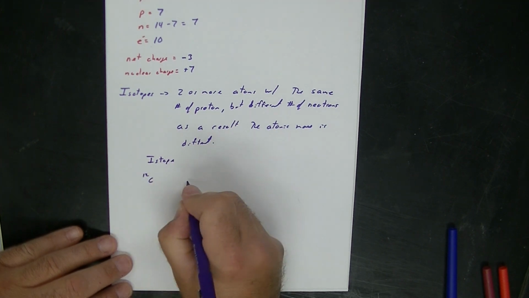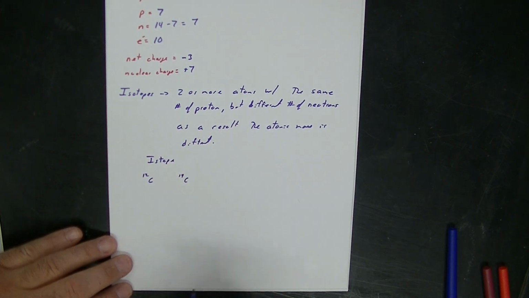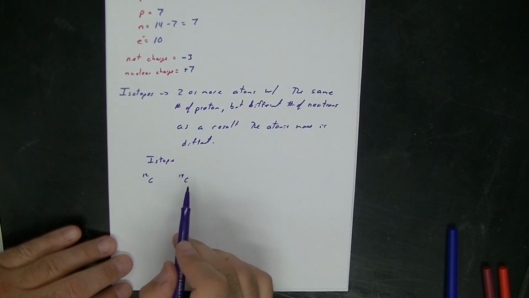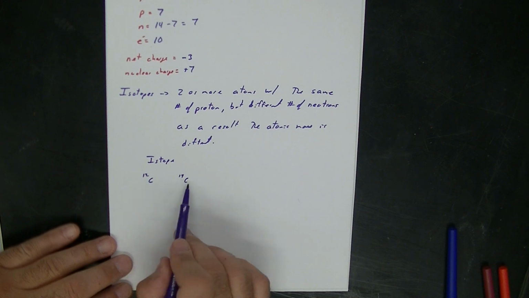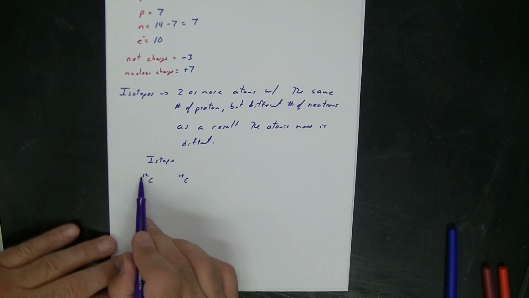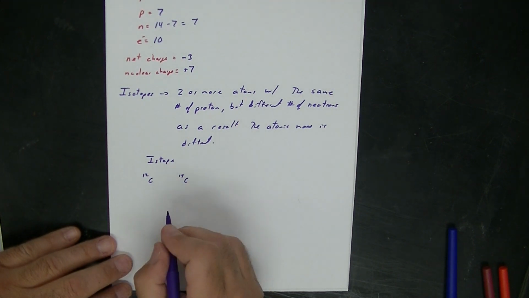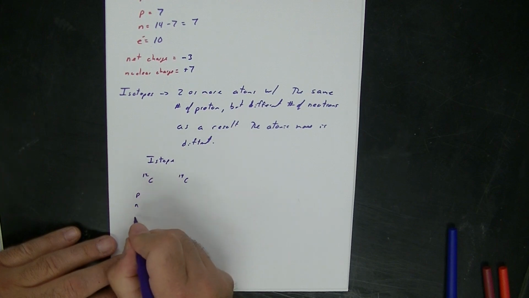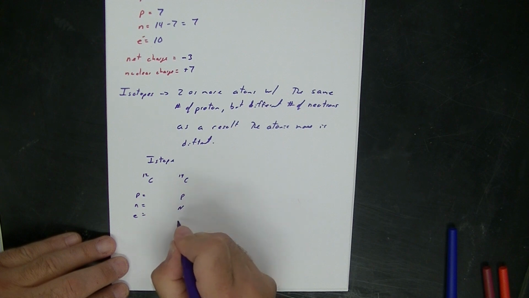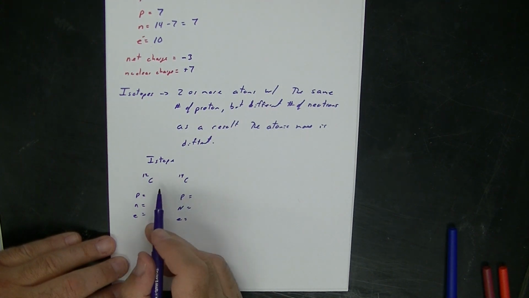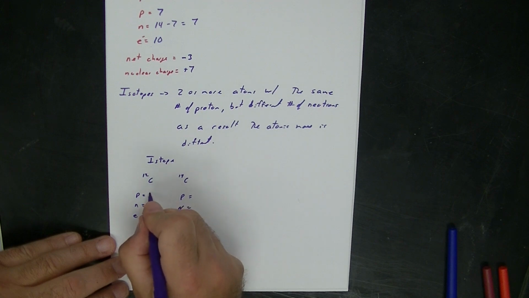Probably the most famous isotopes are carbon-12 versus carbon-14. They're the same element because they have the same number of protons. They differ in the number of neutrons, which is what changes our mass. So let's calculate protons, neutrons, and electrons for each one. Carbon's atomic number is 6.